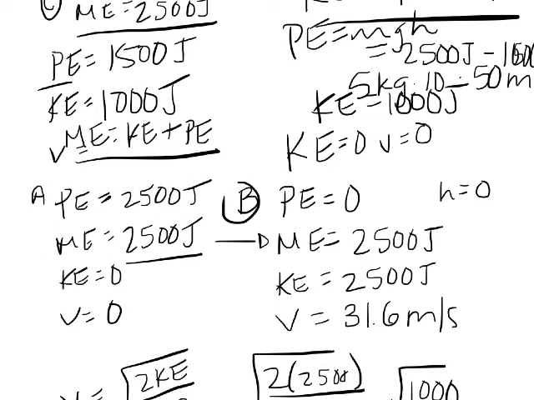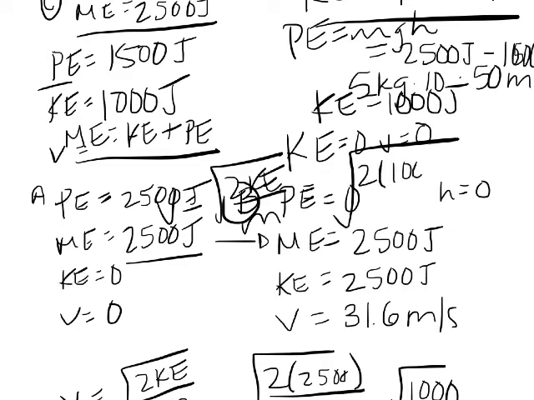So now that we have KE, we can use our V equals square root of 2KE over M to find V. So that's going to look like 2 times 1,000 divided by 5, or 2,000 divided by 5, which is going to be the square root of 400, which is actually equal to 20.